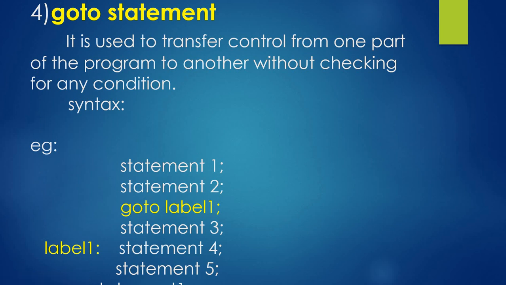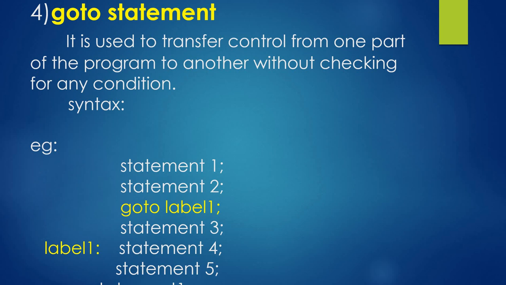Then what are the 4 jumping statements? Break, continue, exit and goto. What is the use of the break statement? There are 2 uses. One is in switch, to end the case. Second, to exit from the loop, to terminate the loop.